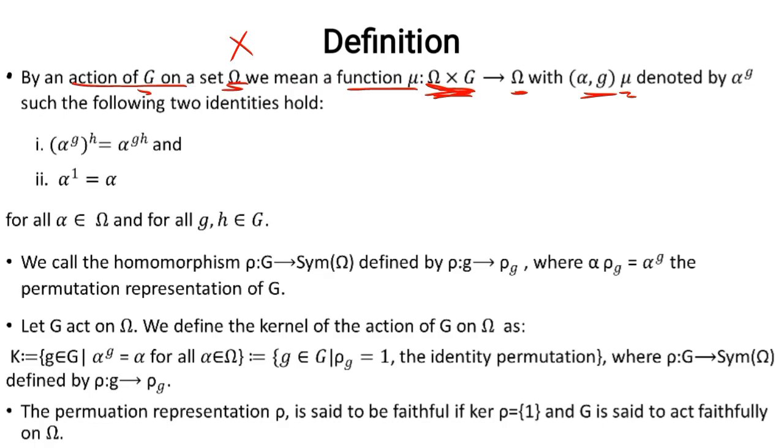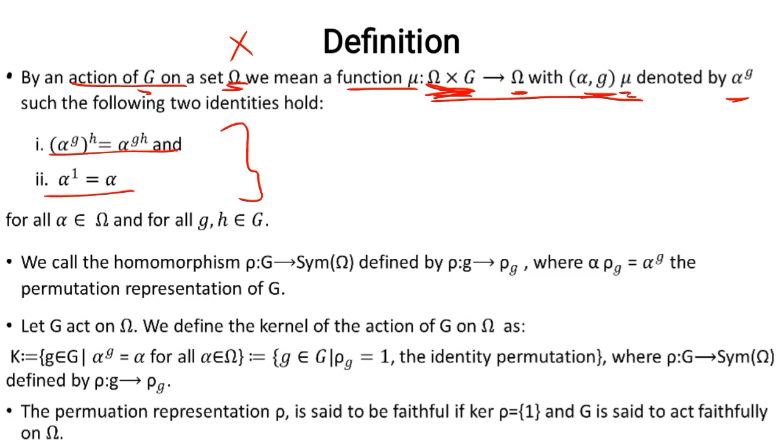We denote such an operation by the element alpha raised to power g, as you can see there. Once we have this map, it must satisfy two conditions, one associativity and the other identity.